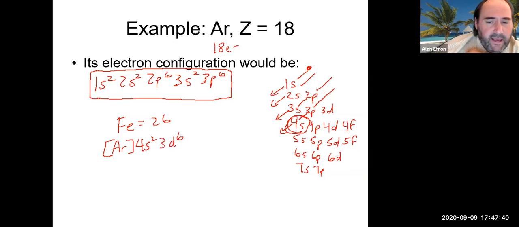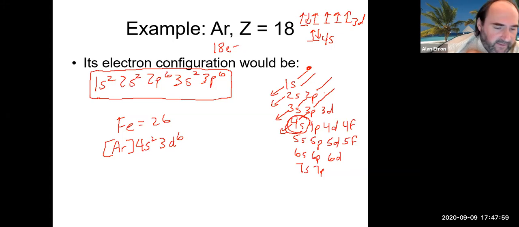When the electrons go in, as we can see here, they go into the 4s orbital first, and then they go into the 3d. The electrons pile into the s, and then the electrons go into the d one at a time and come back. That would be the end part of the configuration for something like iron, which is a transition metal.